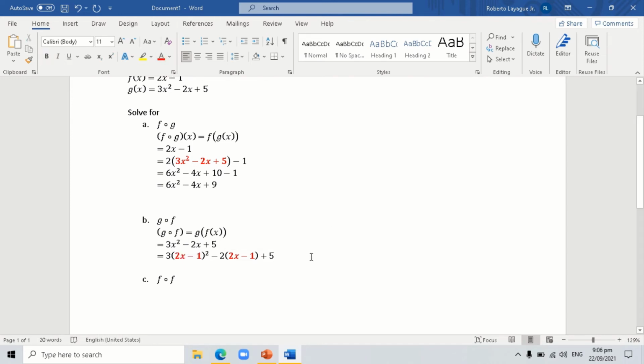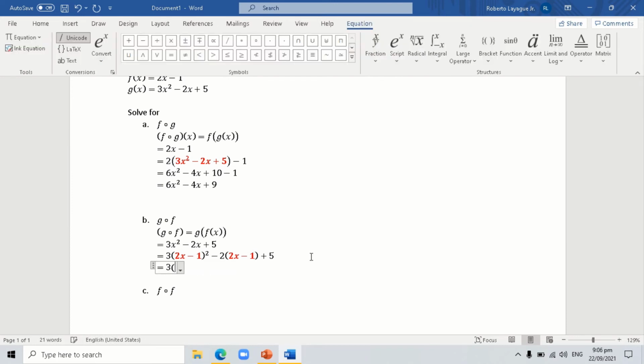Okay, we have that, so we can now solve it. If you know your square of a binomial, you have 2x squared, multiplied by 2x minus 1 times 2, that would be negative 4x plus 1, minus 2 times 2x minus 1, plus 5. Now we're working with distributive. So we have 6x squared minus 12x plus 3 minus 4x plus 2 plus 5.